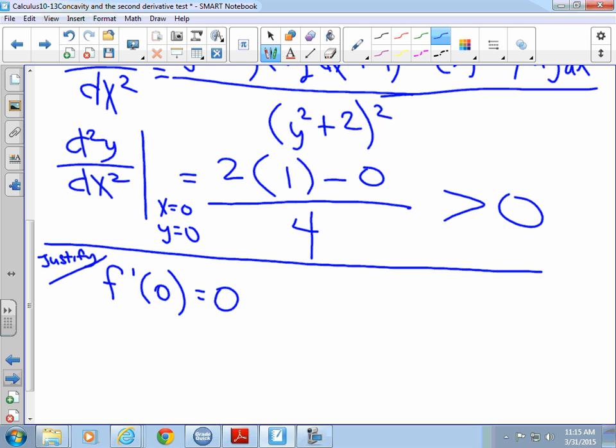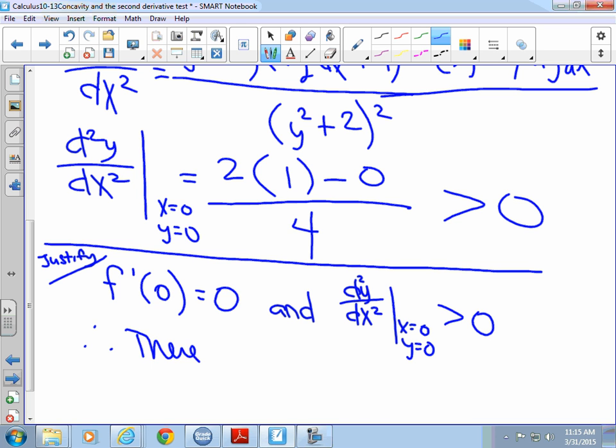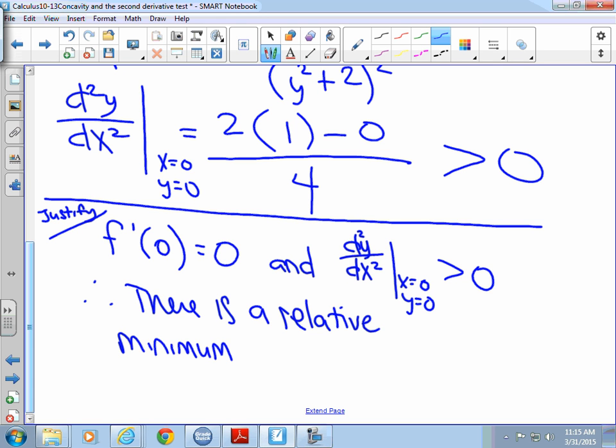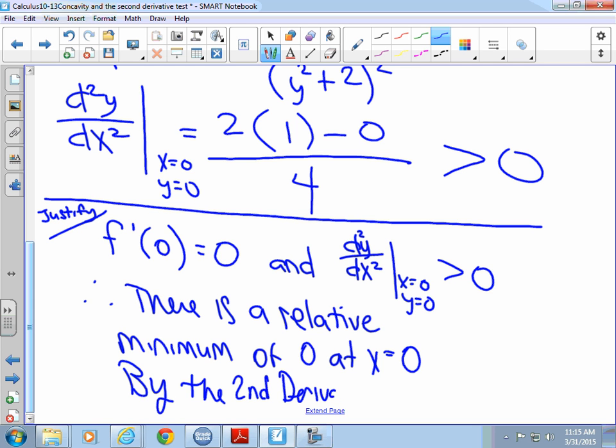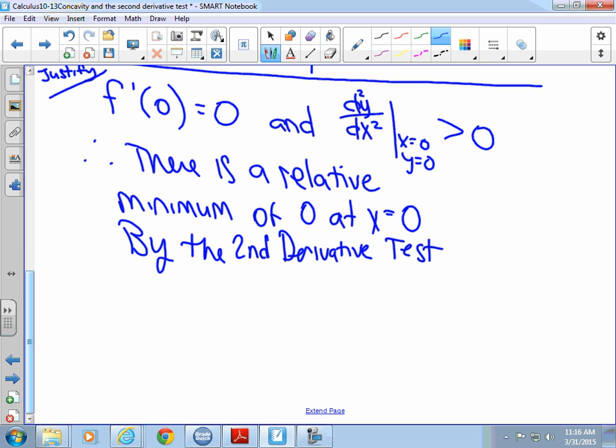The second derivative test says if I have a critical point and the second derivative is positive, therefore, since the first derivative is 0 and the second derivative is greater than 0, there is a relative minimum of 0 at x equals 0 by the second derivative test.